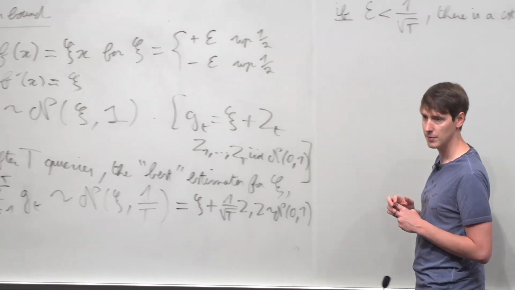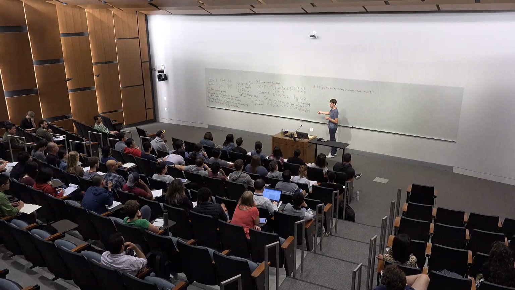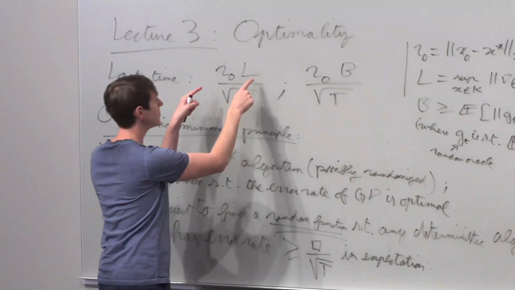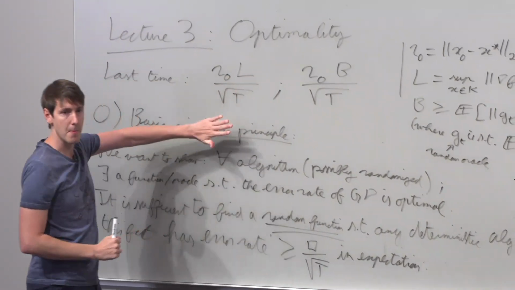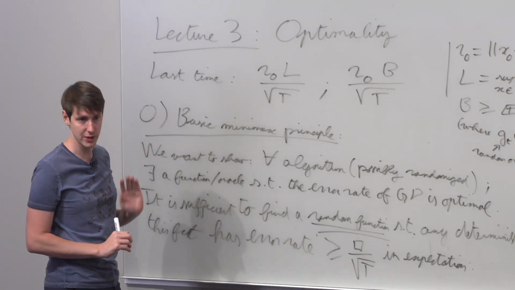So for any time horizon there exists a function such that no algorithm works. Exactly. All those parameters, R0, L, and T, I fix them for the rest of the lecture, and everything is with those parameters fixed. Good question.